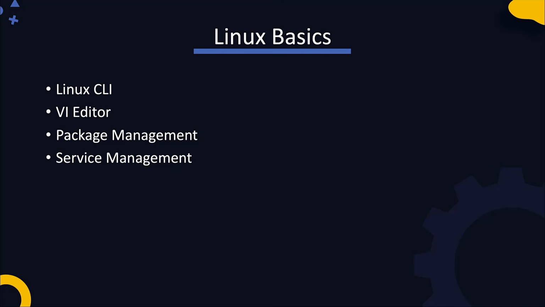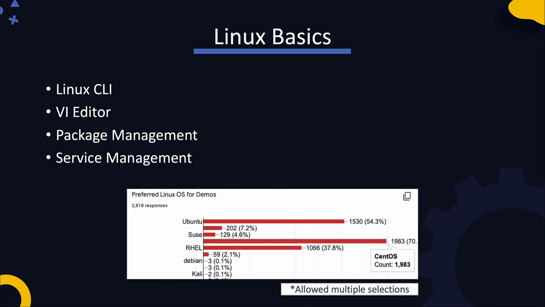There are different flavors of Linux, such as Ubuntu, Red Hat Enterprise Linux, CentOS, etc. We conducted a survey of our students, and a good percentage of them requested their preferred OS to be CentOS, followed by Ubuntu and Red Hat Enterprise Linux. CentOS is a free community edition of Red Hat Enterprise Linux, so learning CentOS also helps you cover the basics of RHEL.